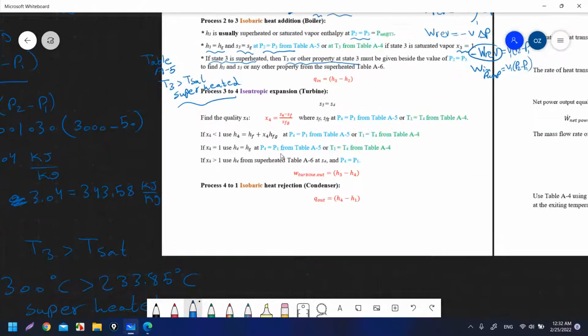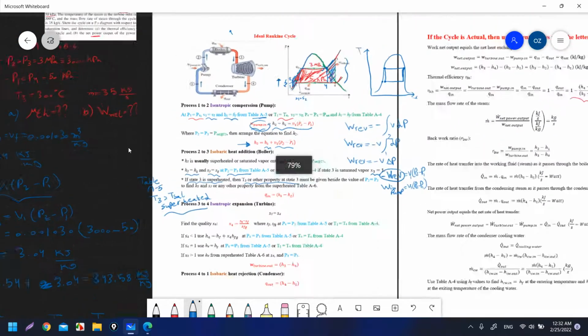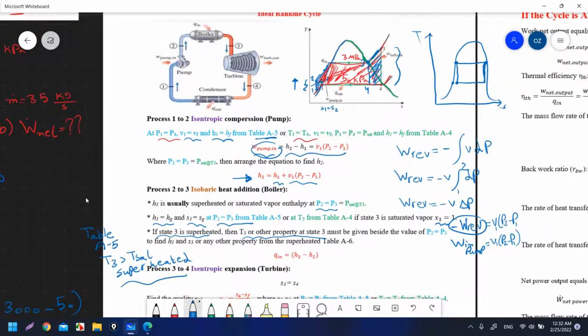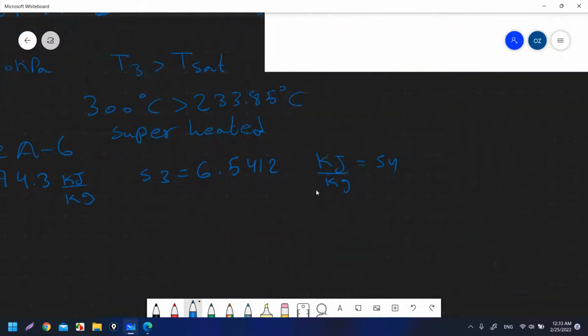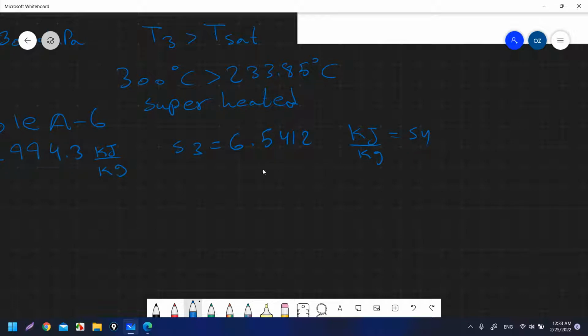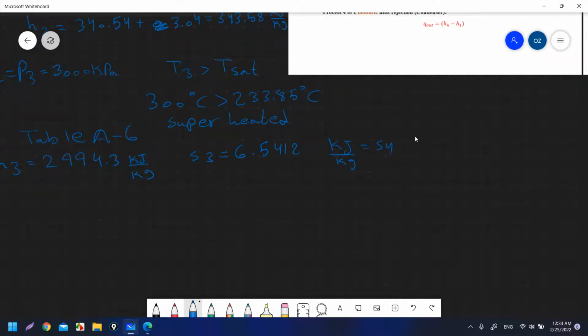As you can see, S3 is equal to S4, the same number. I will benefit from this relation in the next step when we want to find H4.